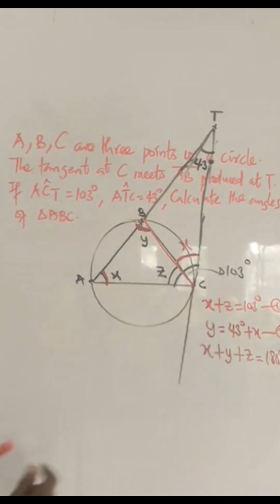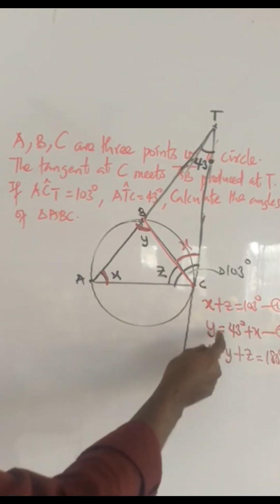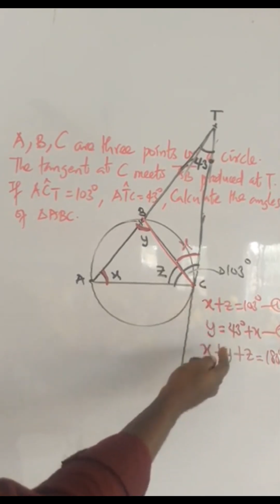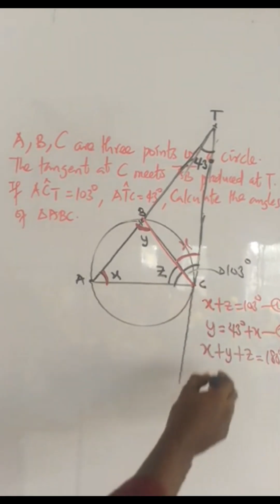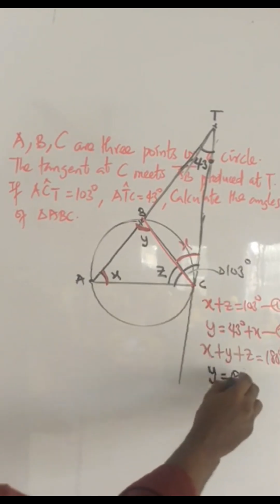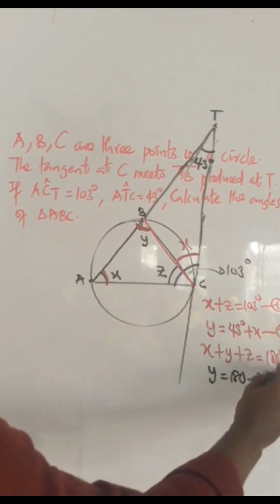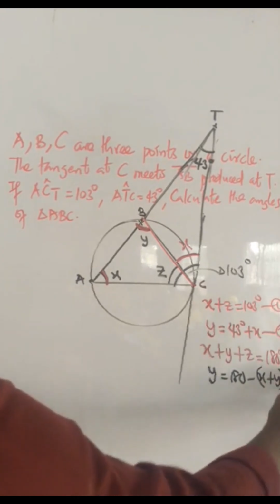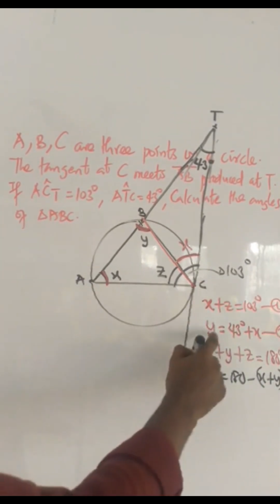Now in equation 1, we already have X and Z. In equation 2, we have X and Y. So we can replace this Y with X and Z from here. From equation 3, we can say Y equals 180 degrees minus X plus Z. This is equation 4. Let's now come back to equation 2.